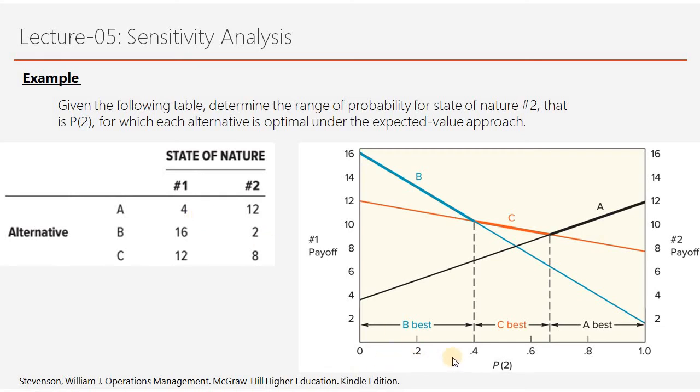Okay, so here I'm testing the sensitivity of this state of nature. What if it changes in the future? I still have a range that would guide me to say that even if it changes between this range and this range, B will remain the best.